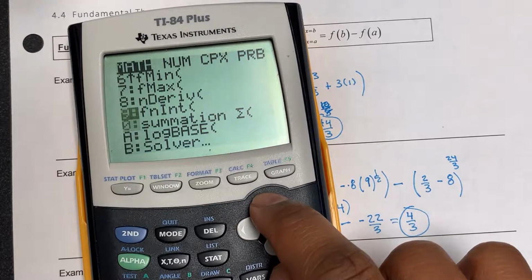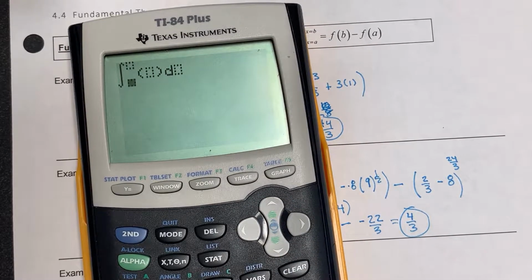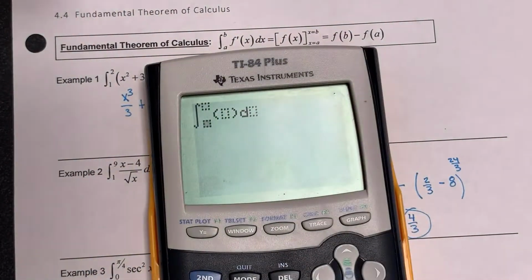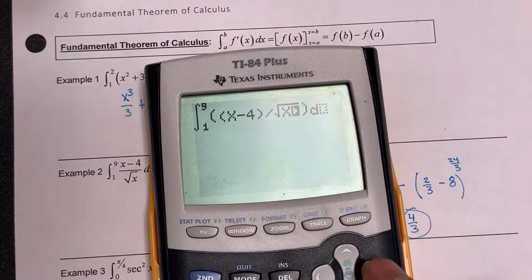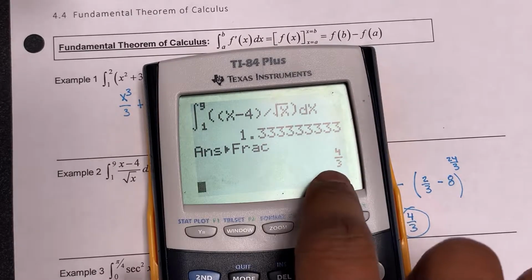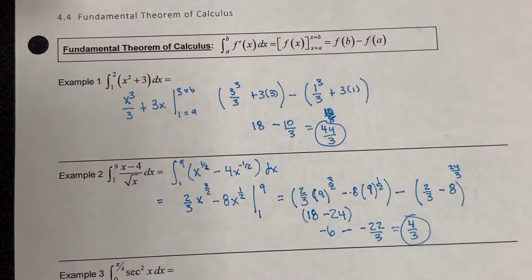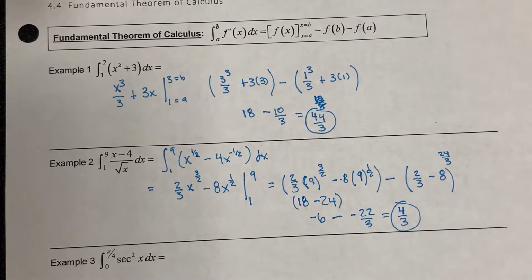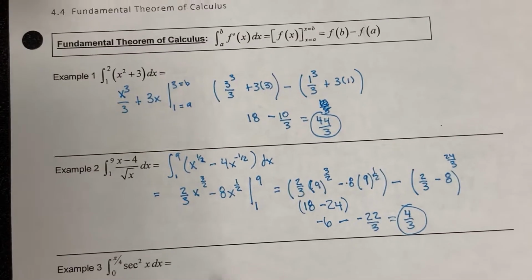So, we'll do function integrate, and our limits are 1 to 9, and our function is x minus 4 divided by the square root of x, and we'll put a dx. And so we get the answer that we did by hand, which is 4 thirds. So it's a handy way of checking your work in case you're not confident that you did it correctly.